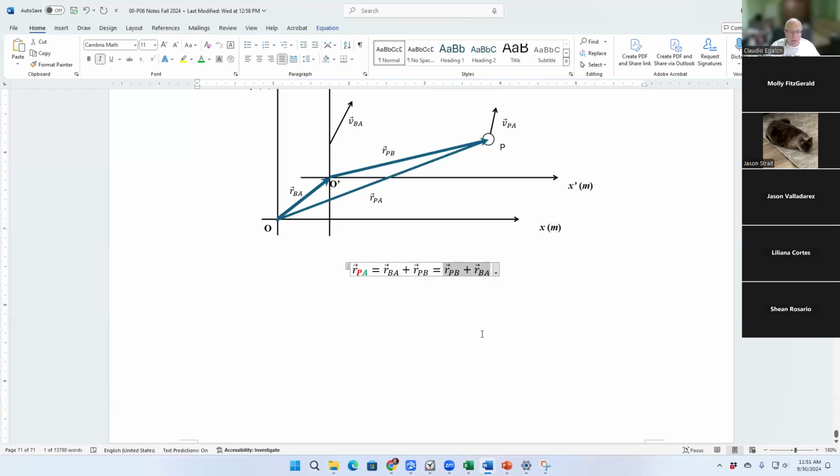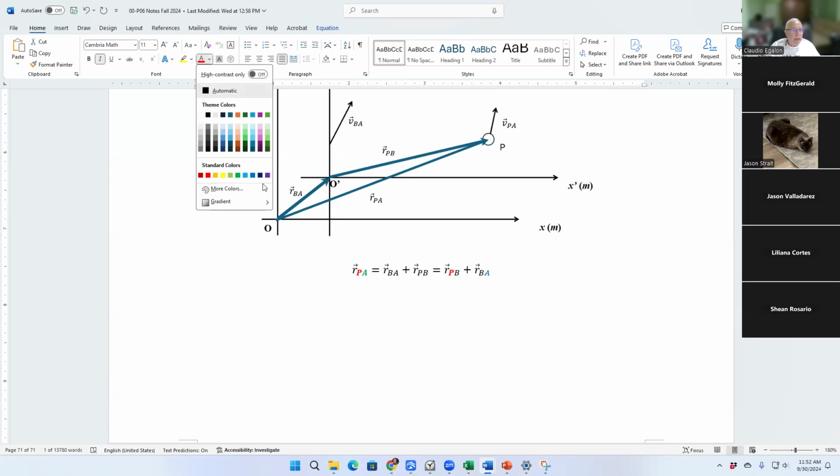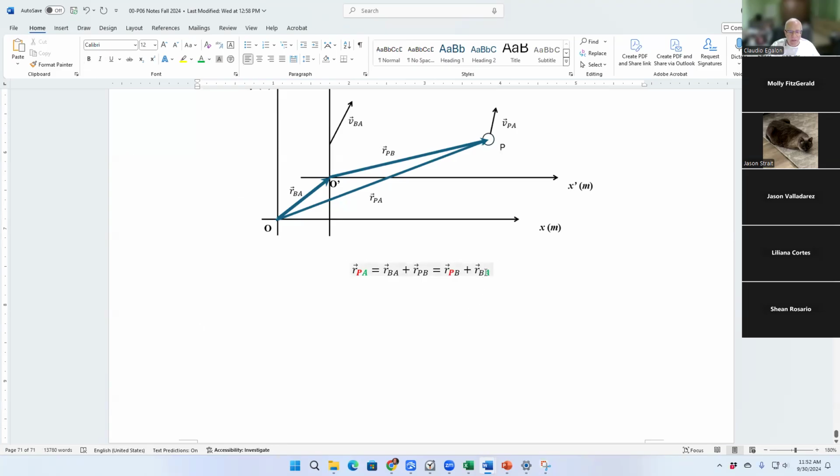Analyzing this right side here of the equation, notice that I have my point P that's supposed to be in red as the first term here. And the referential A as the last subscript, right?